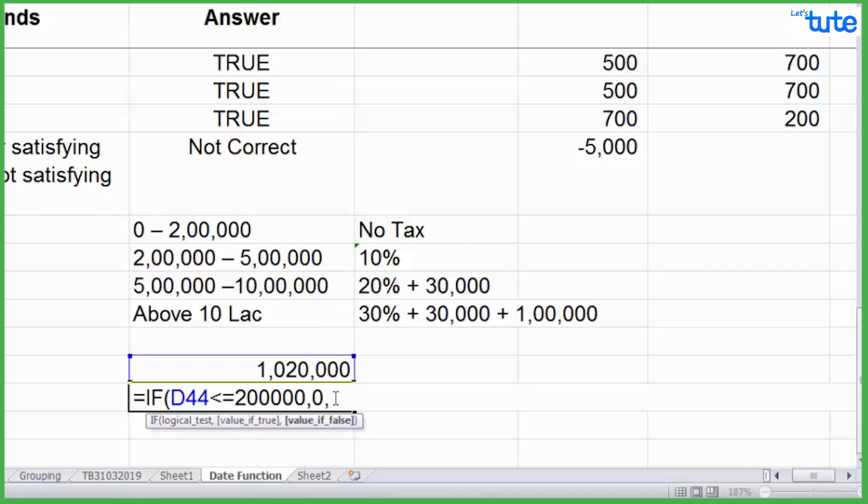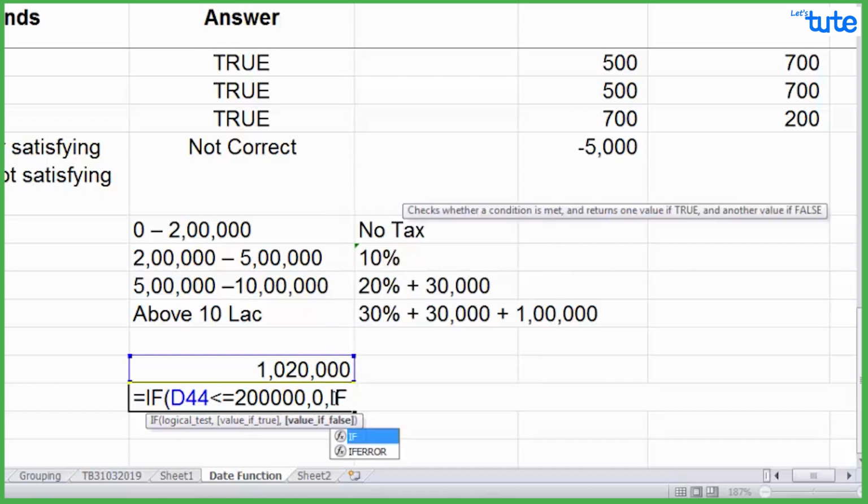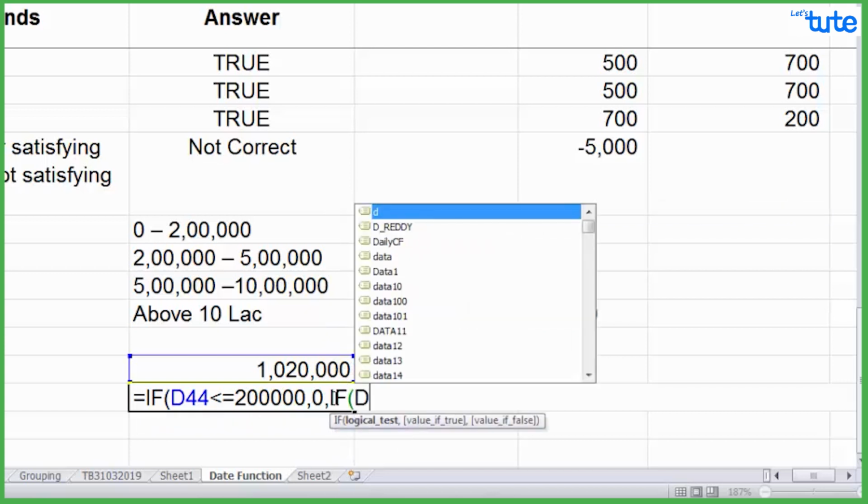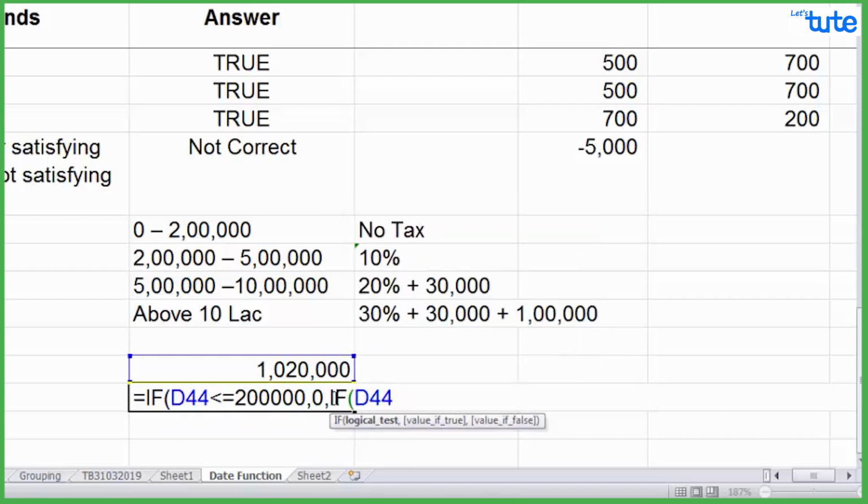Now, my second condition: IF, bracket open, D44 is less than or equal to 5 lakh, then my tax is, you have to open the bracket, select the cell, minus 2 lakh, bracket close, multiply 10%.